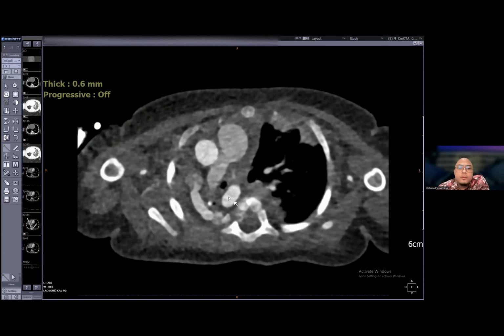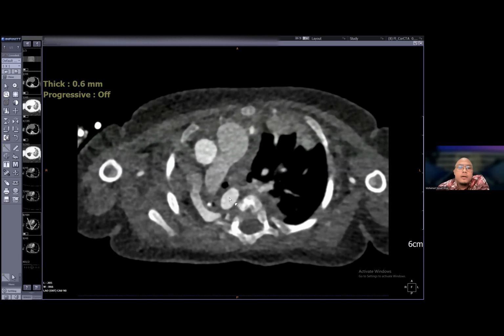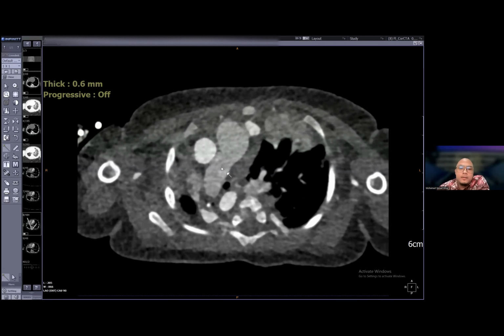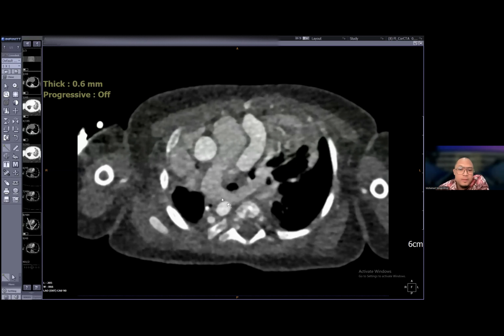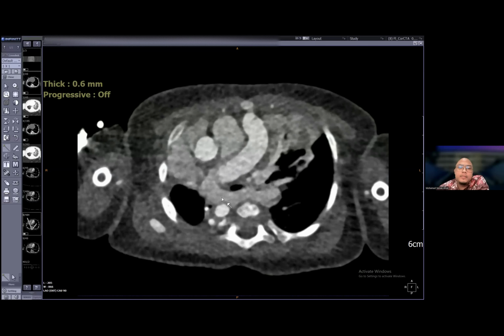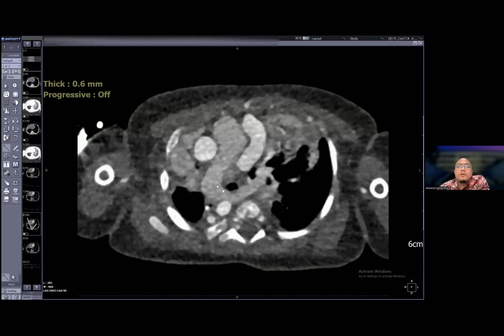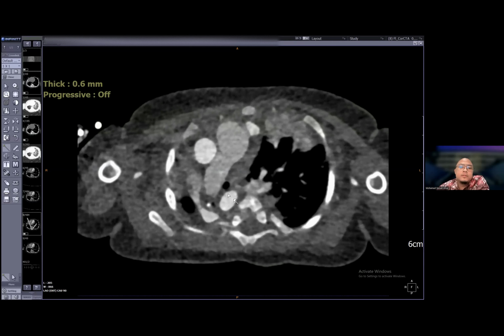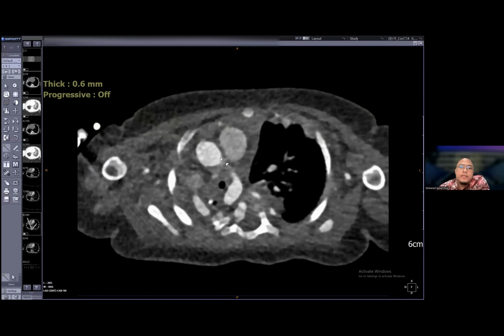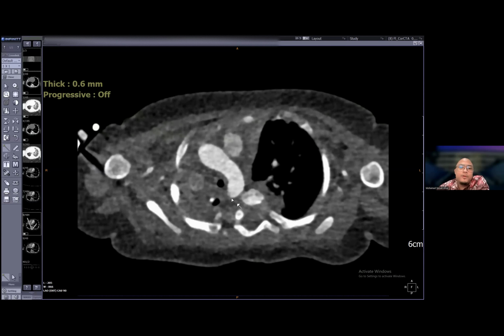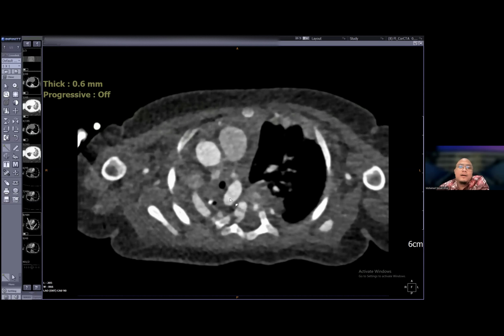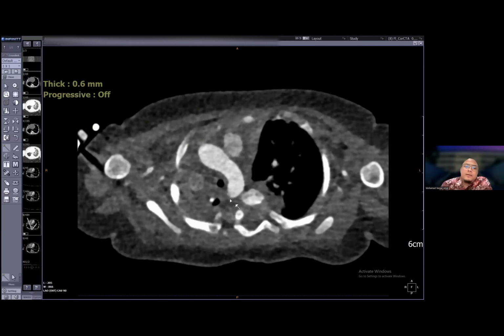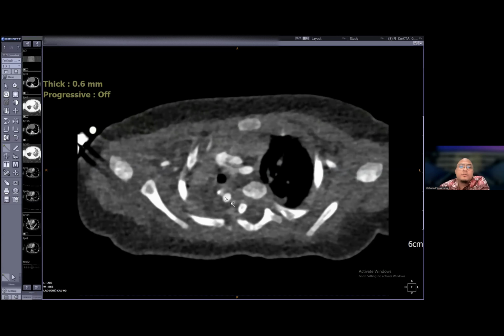This is the right descending aorta. And then next step to the caudal, we can see also the left pulmonary sling. So this is quite a difficult patient because not only the left pulmonary sling caused stenosis of this trachea, but also the left-sided aortic arch with the right-sided descending aorta. And also in the cranial part, there is also a right aberrant subclavian artery.